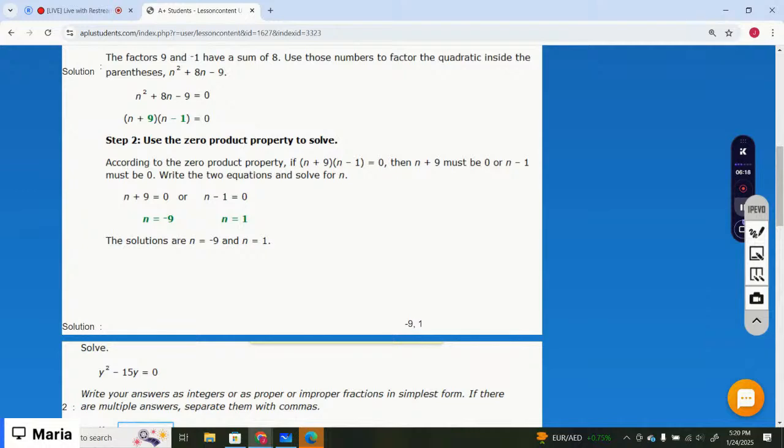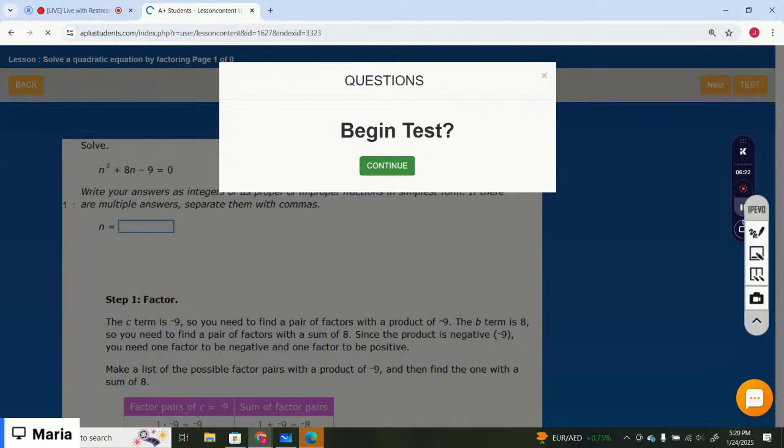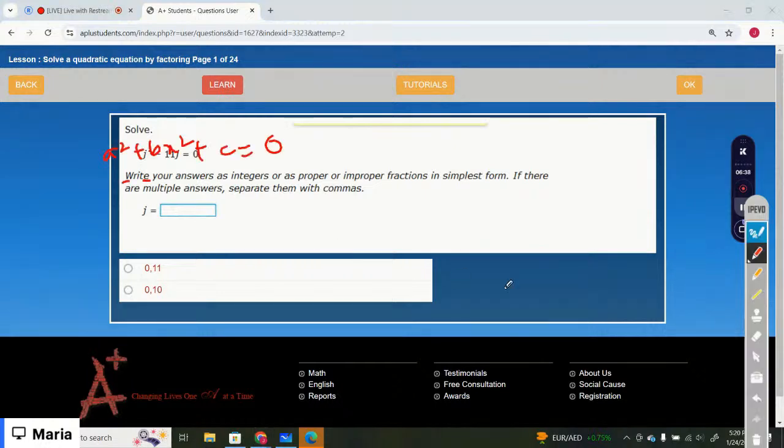Let's just start with the test questions. j square minus 11j equals 0. From here we can take common j. We're left with j minus 11 equals 0.